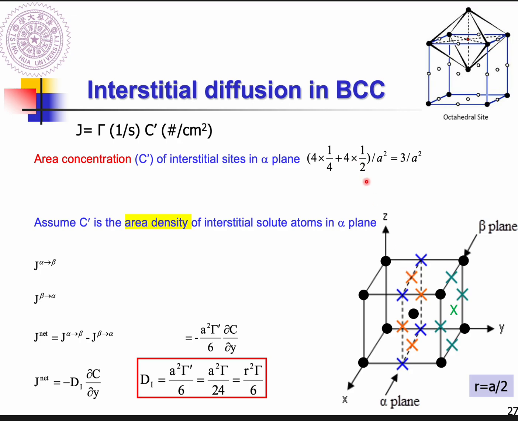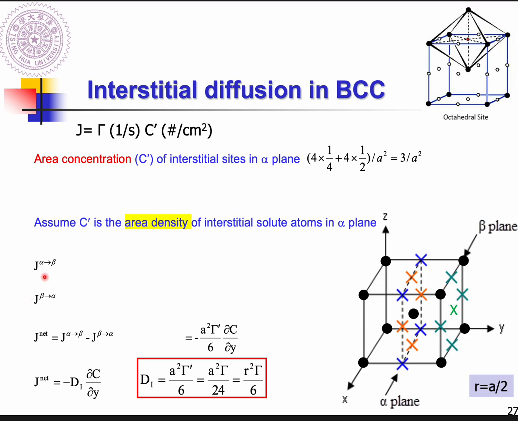You got 4 times half. And this is the total number of interstitial sites divided by area A times A. So this is the area density of interstitial sites. It's 3 divided by A squared. So this is C-prime.